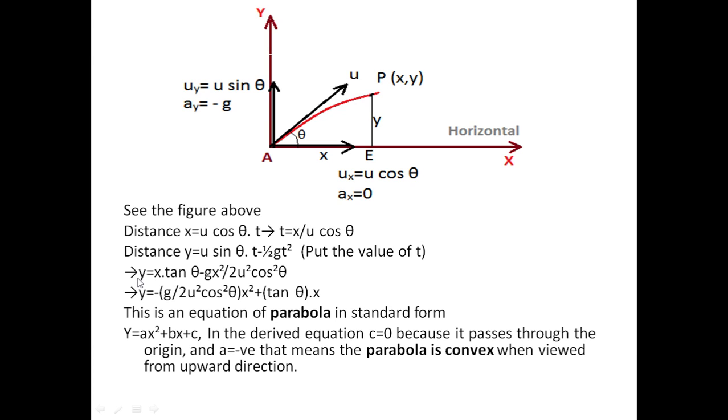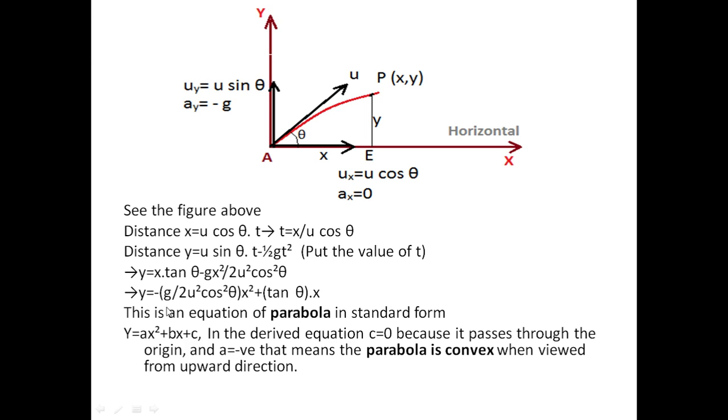So we get y equal to x tan theta minus gx square by 2u square cos square theta, y equal to minus g by 2u square cos square theta, x square plus tan theta into x.